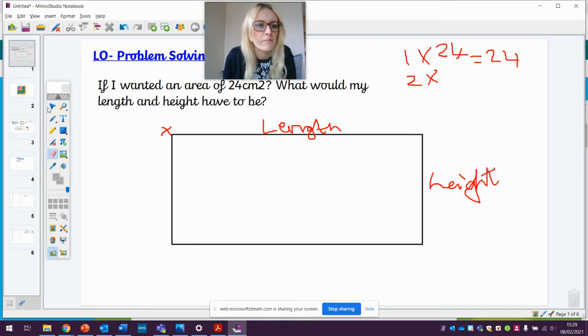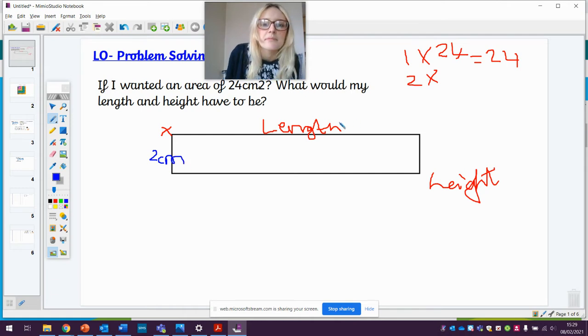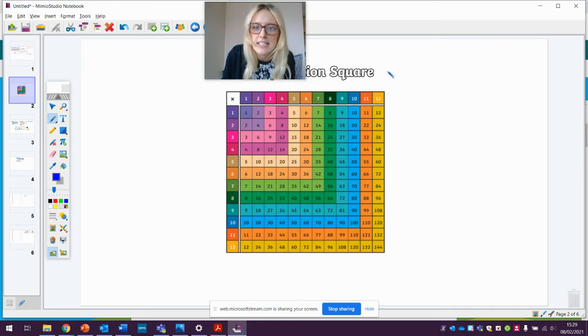What about if my square was a little bit smaller and I had 2 on this side, 2 centimetres? What would this have to be to make 24? 24 divided by 2. This could be 12 centimetres. We can have a look about where 24 is on our multiplication grid. Where else can you see the number 24? Excellent.